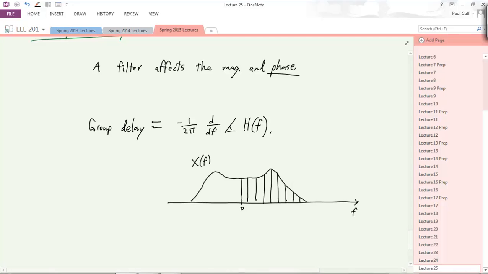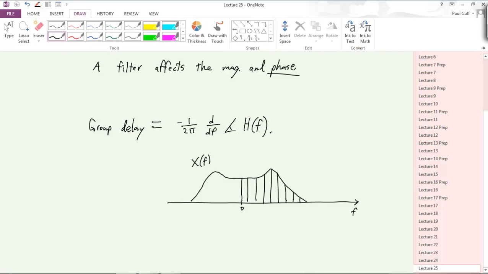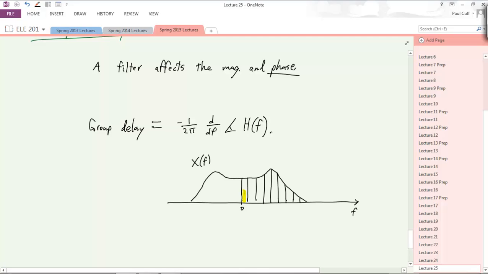Then the filter's frequency response in that range is all that matters for that signal. For example, if a signal only has frequency content in that range, this is the only part of the filter that matters. Nothing else matters.